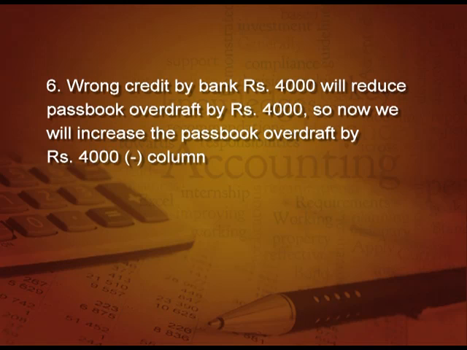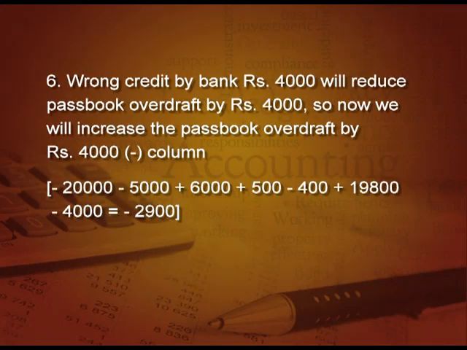Now, this will reduce the passbook overdraft by 4,000. So, now we will increase the passbook overdraft and go to the minus column and write 4,000 there. So, what is the final answer now? It will be like this: minus 20,000, you started with it, minus 5,000 plus 6,000 plus 500 minus 400 and plus 1,800, and the last one minus 4,000.